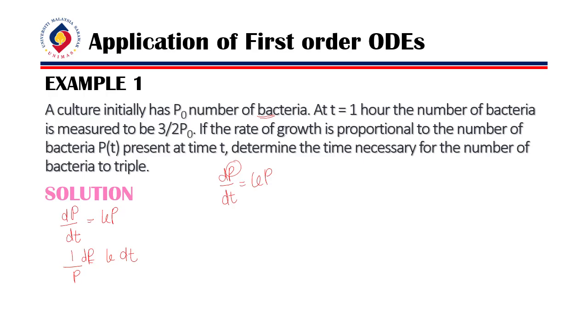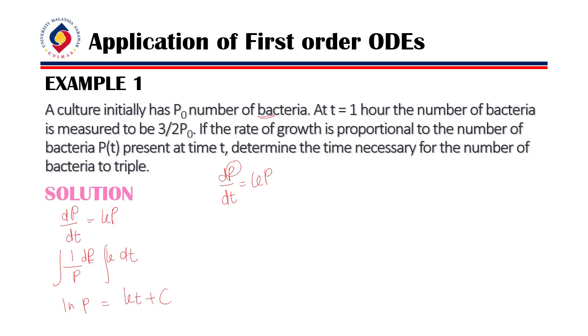After you separate it, what you need to do is integrate it. When you integrate 1 over P, you get ln P equals kt plus C, where C here is a constant.